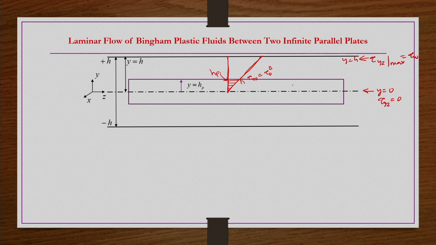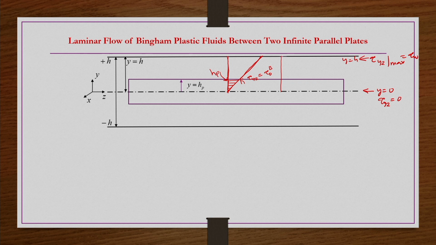If you try to obtain the velocity profile for this one, up to y equals Hp is the point up to which the material is flowing as a kind of constant velocity plug. It has a constant plug velocity.